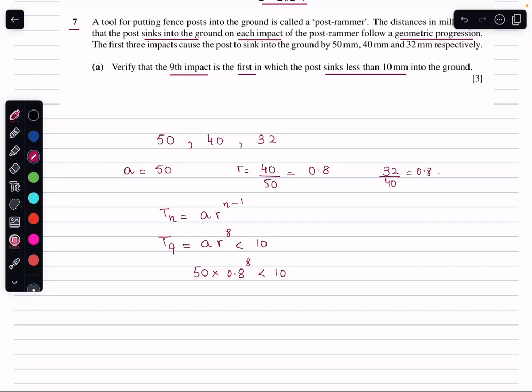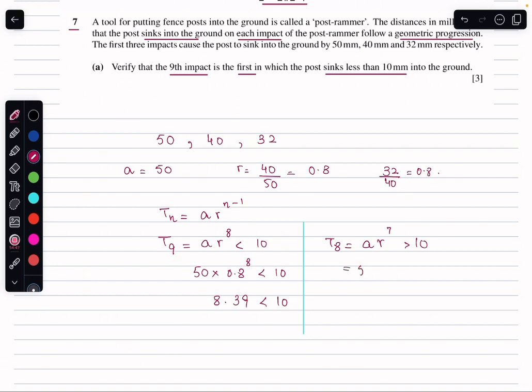We should verify that this value is less than 10. So it's 50 times 0.8 to the power 8, and this value is 8.39, which is obviously less than 10 millimeters. Let's check with T8. With T8, this is going to be a r to the power 7. If this value comes out to be greater than 10, then I know that the ninth hit is the first impact where the post sinks less than 10 millimeters.